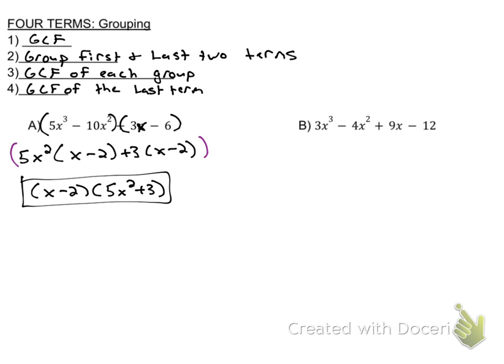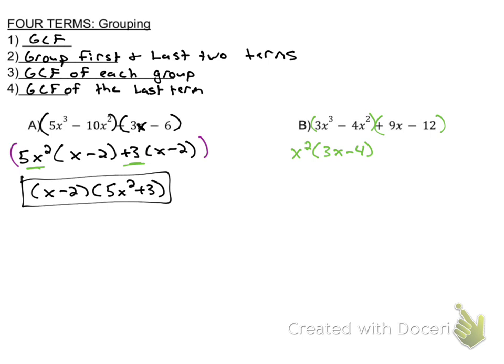So, looking at B here, there's no GCF, so I'm going to group the first 2 terms and group the second 2 terms. Group, group. What would be the GCF of that first group? 3x squared, which would leave me with 3x minus 4.